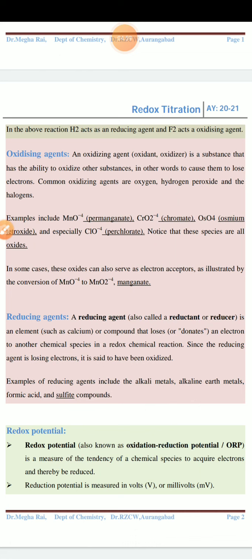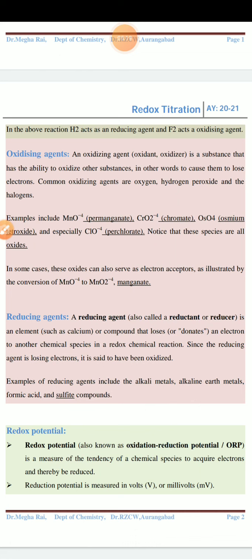Reducing agents are also termed as reducers. Oxidizing agents are termed as oxidizers, whereas reducing agents are termed as reducers. Oxidizing agents are also termed as oxidants, whereas reducing agents are called reductants.